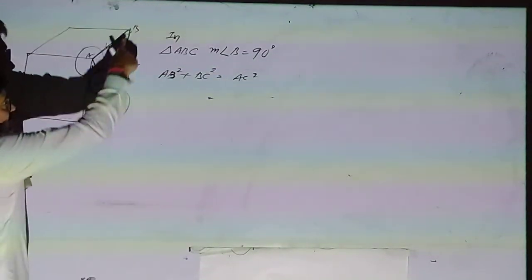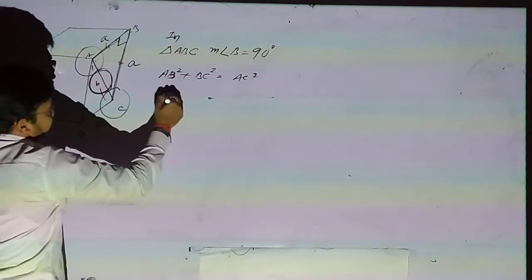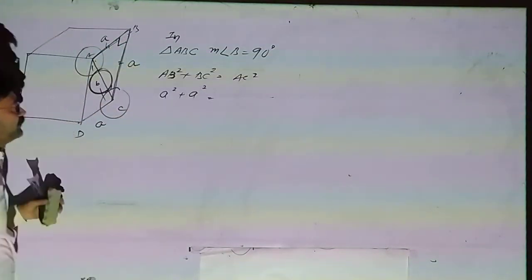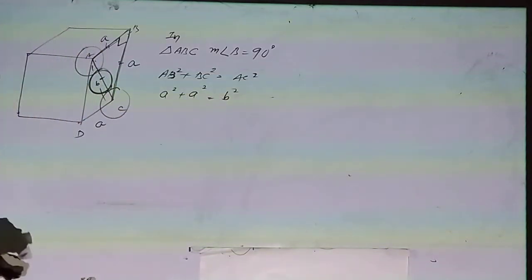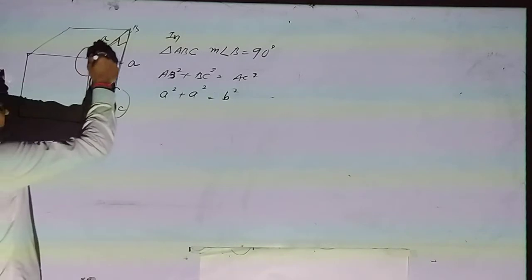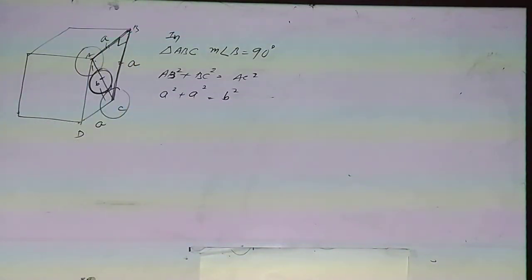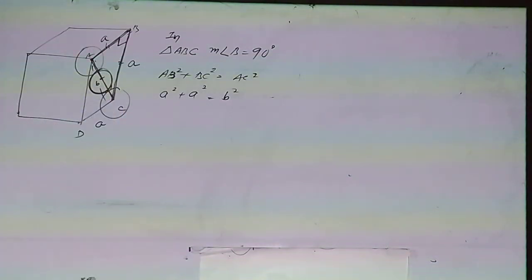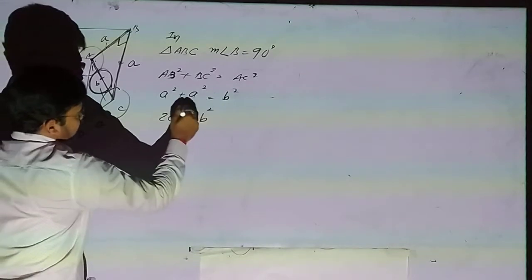Clear? So AB square is a square, the edge length, plus BC also a square. AB is the edge length of the cube, BC is also the edge length, but AC is not an edge, it is the hypotenuse, so b square. So 2a square is equal to b square.